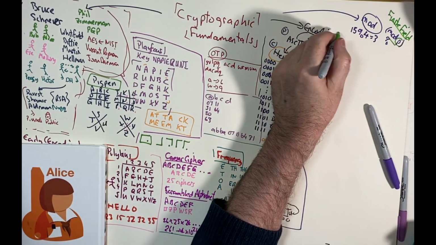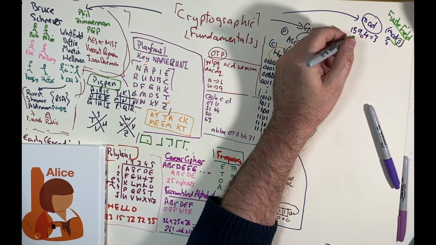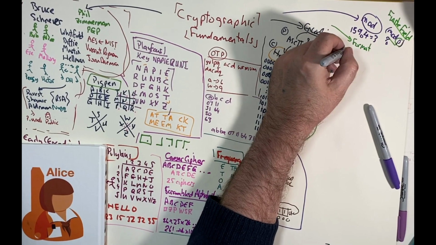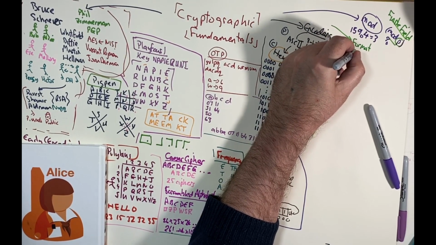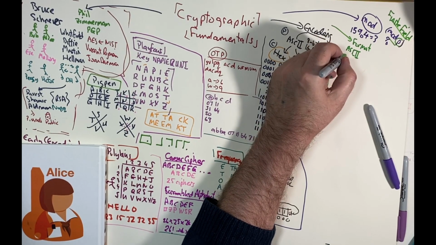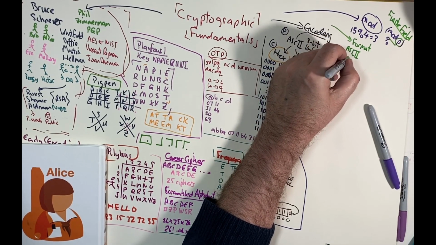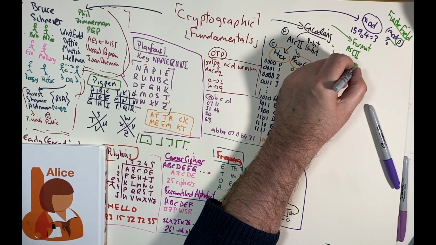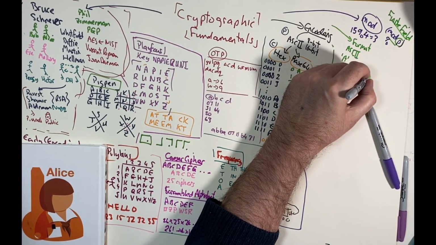Now the concept is that we use different formats for our characters. ASCII uses 8-bit formats. A typical one is that an A is represented by 41 hex.